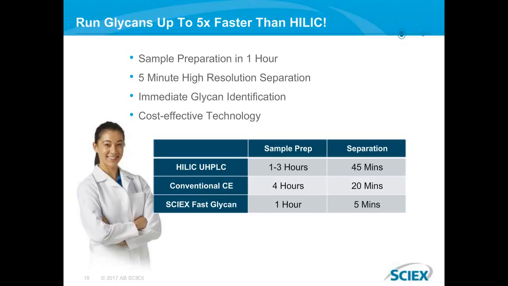With this new fast glycan labeling and separation kit, we have the sample preparation done in 1 hour and the separation itself in 5 minutes. So it's very cost effective. It gives you immediate glycan identification with the structures, and it's a very cost-effective technology.